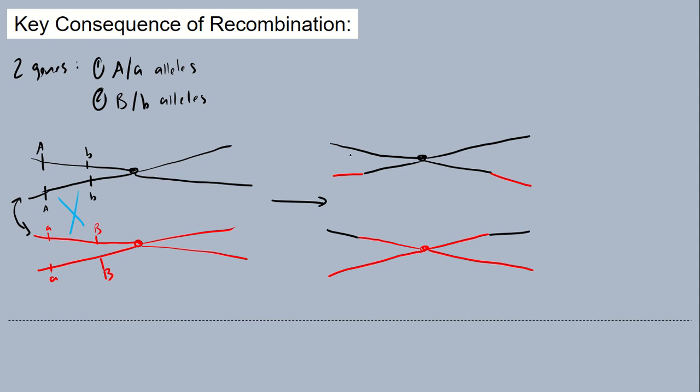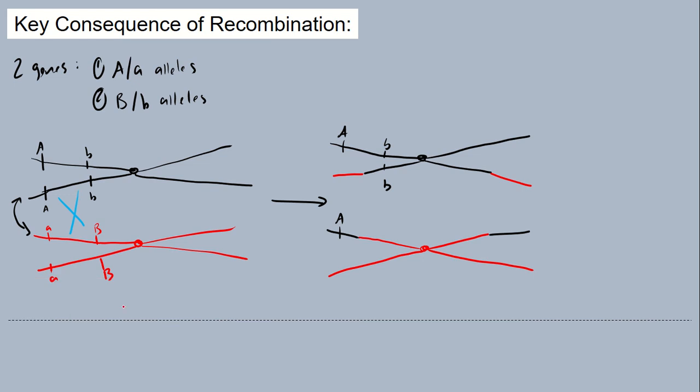Where this becomes important is when we track what's happening to the actual alleles on this chromosome. Remember, genes reside on chromosomes, and that's how genes are passed down between generations. Here, this top one still has a capital A and a lowercase b, but the other capital A allele has been moved down to this other homolog.